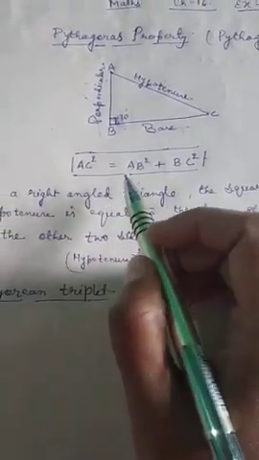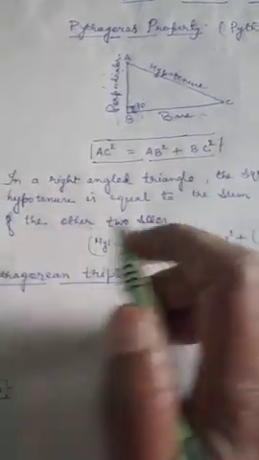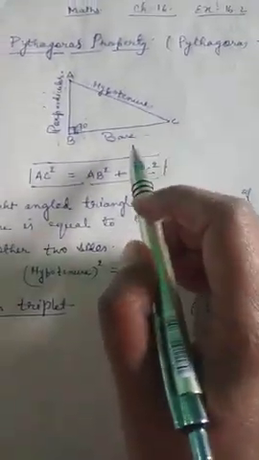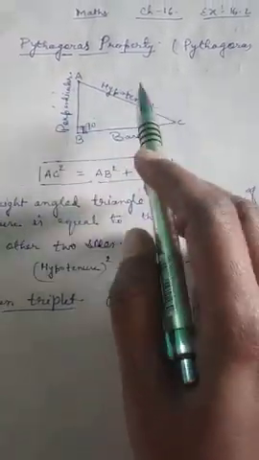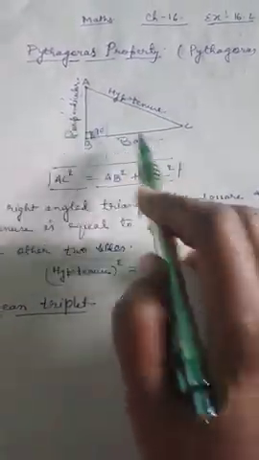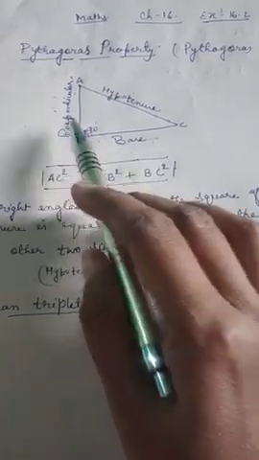Yes. Now understand what Pythagoras says. Pythagoras property, what does it say? It says that in a right angle triangle, the square of the hypotenuse is equal to the sum of the squares of the other two sides.